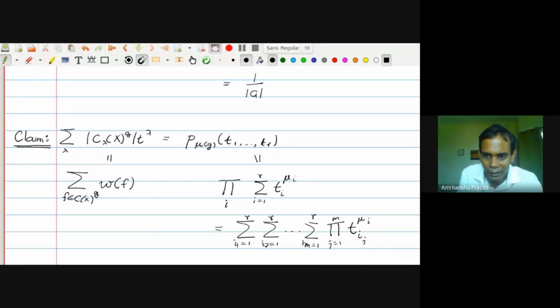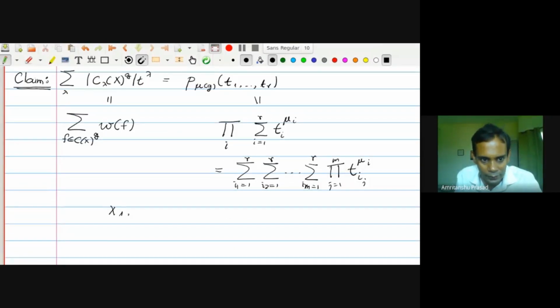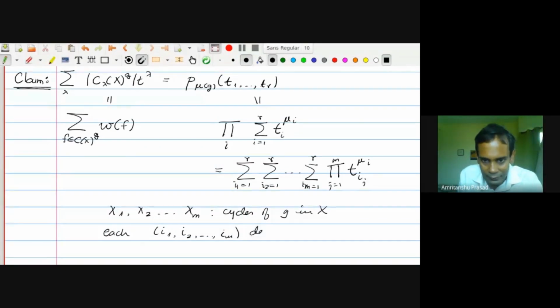Okay, now suppose we have the cycles x1, x2, up to xm are the cycles of G in X. Then each of these i1, i2, im determines a coloring F from X to C as follows.